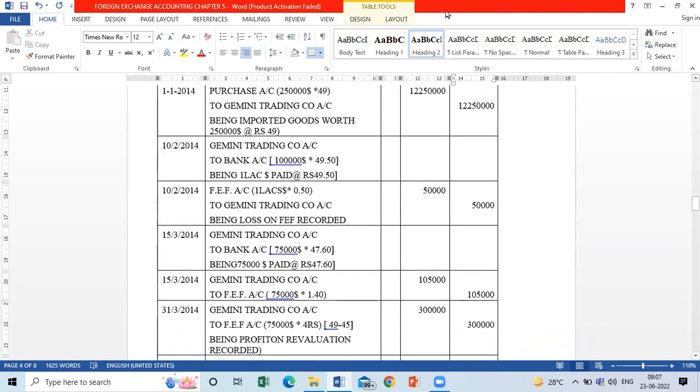You have the entries with you. I will first make the ledger account of Gemini Trading Company. We are supposed to make two ledger accounts here: one is Gemini Trading Company and one is the foreign exchange fluctuation account.